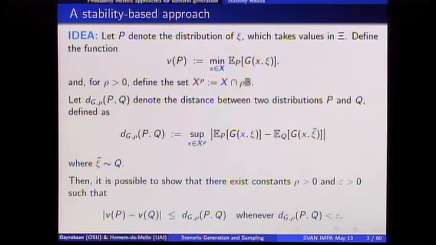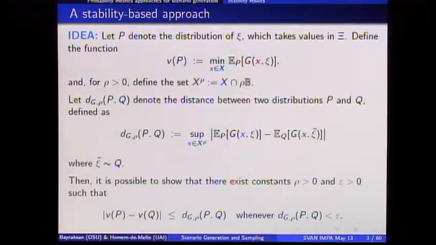It is possible to show that there exist constants rho and epsilon such that, as long as P and Q are not more than epsilon away, the difference in optimal values is bounded by the distance between the distributions.